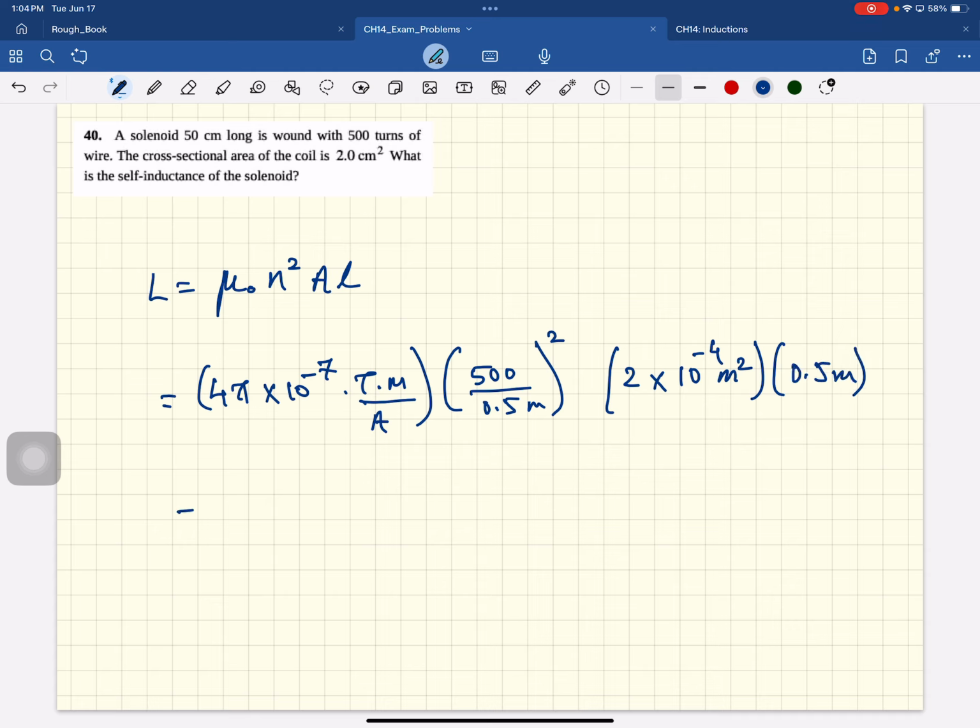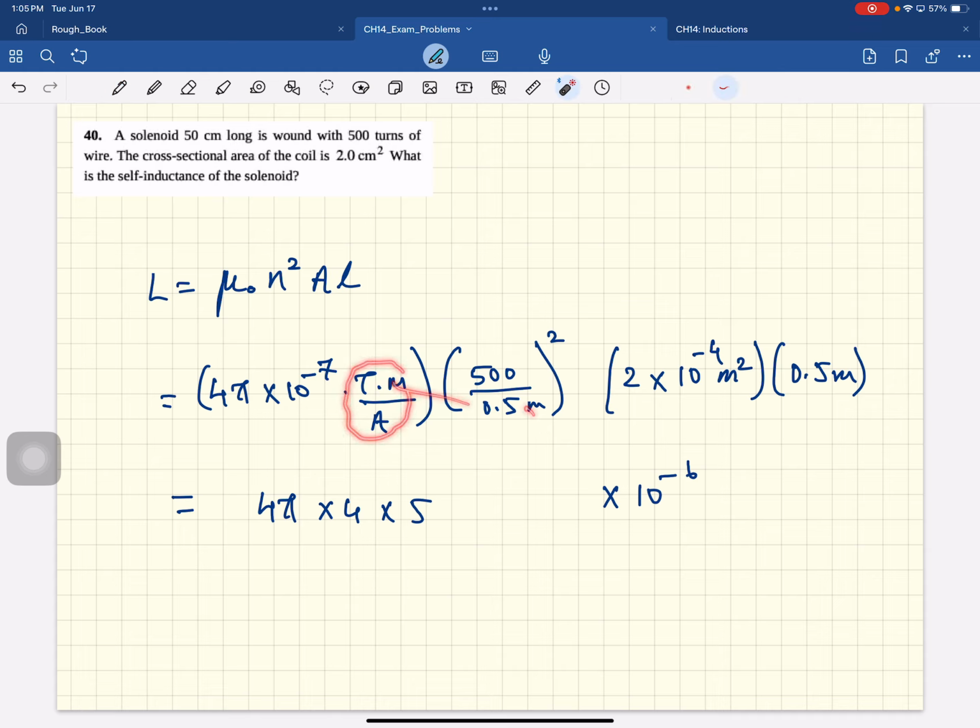So this is 1,000 squared, that's 10 to the 6. That makes it 10 to the minus 1. And then there's 10 to the minus 4, 10 to the minus 5, and 10 to the minus 6. So we'll make all of this 10 to the minus 6, 4 pi into 4 into 5. And what is this mess of units?